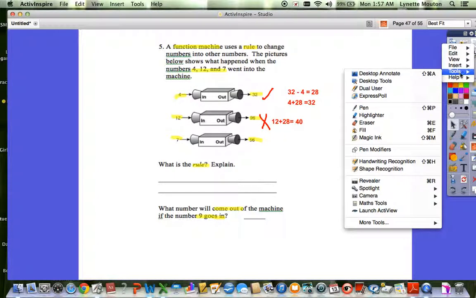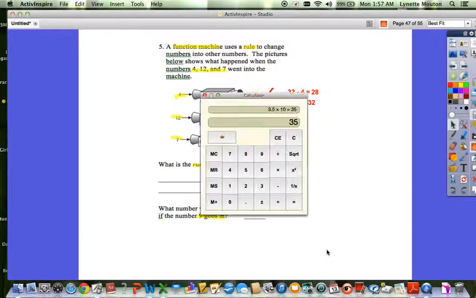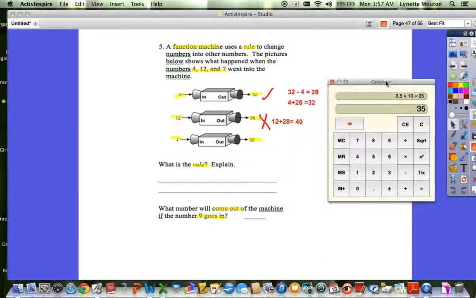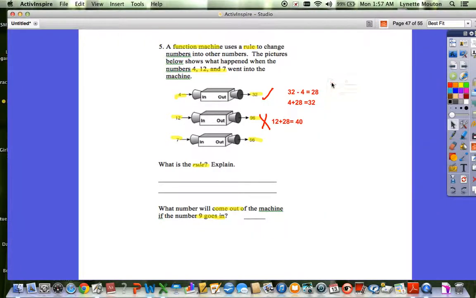And we'll take out our calculator. Again, behave, Mr. Calculator. 7 plus 28 equals 35. Again, not our right answer, which we want, 56. So we know addition must not be the answer to this one.